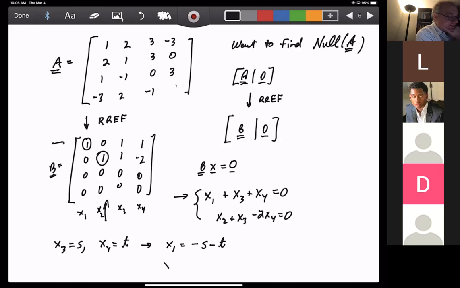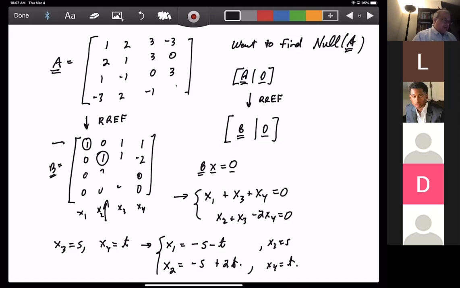And what about x2? So it's going to be negative x3, so negative s, plus 2x4, so plus 2t. Okay, so x3 is equal to s, x4 is equal to t. So far, so good? Yeah. This is making sense?